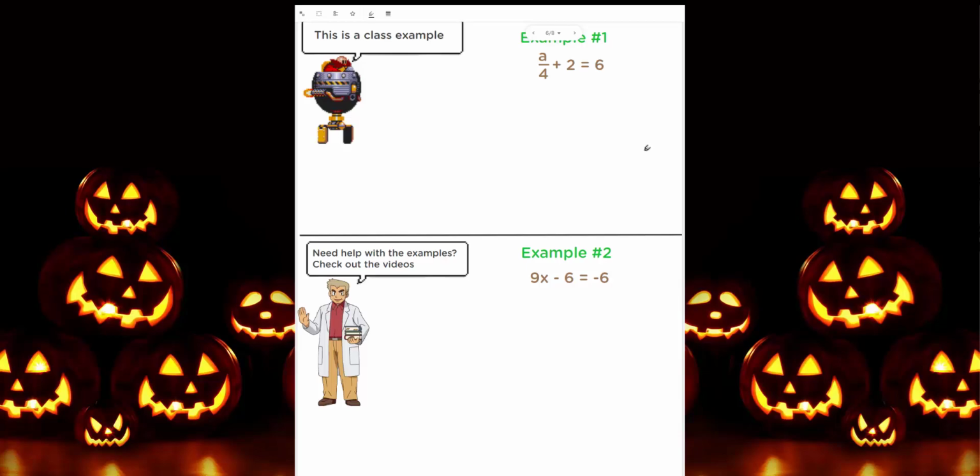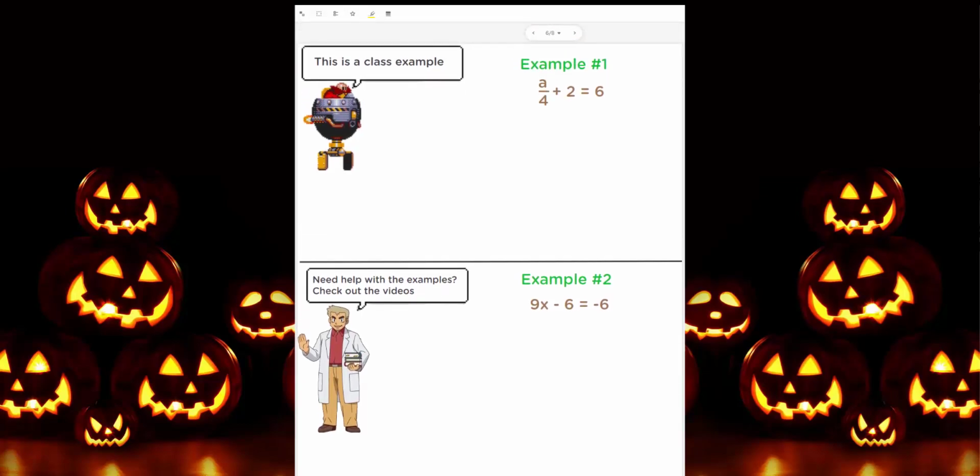So, ladies and gentlemen, our goal when working with equations is we are trying to isolate the variable in the equation. So what that means is all the numbers that are on the same side of the equal sign as your variable, we need to cancel those out so that the variable can be all by itself.